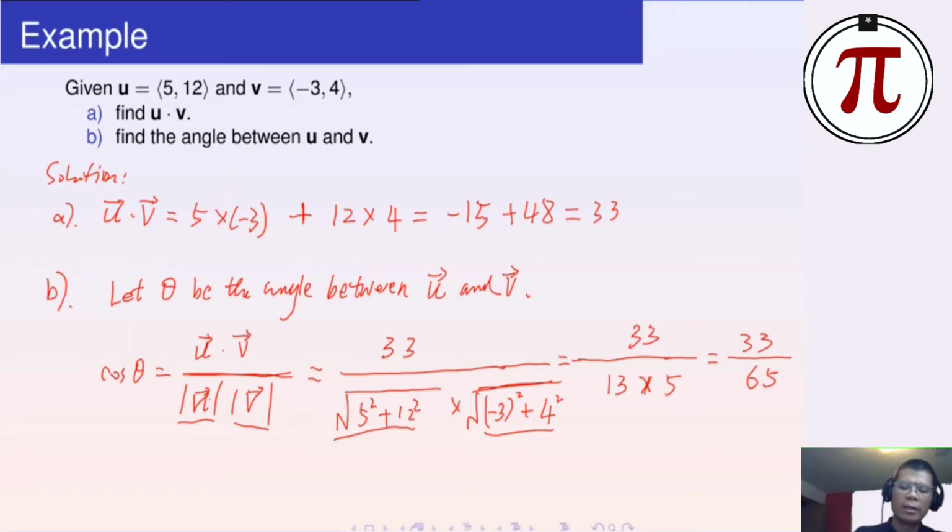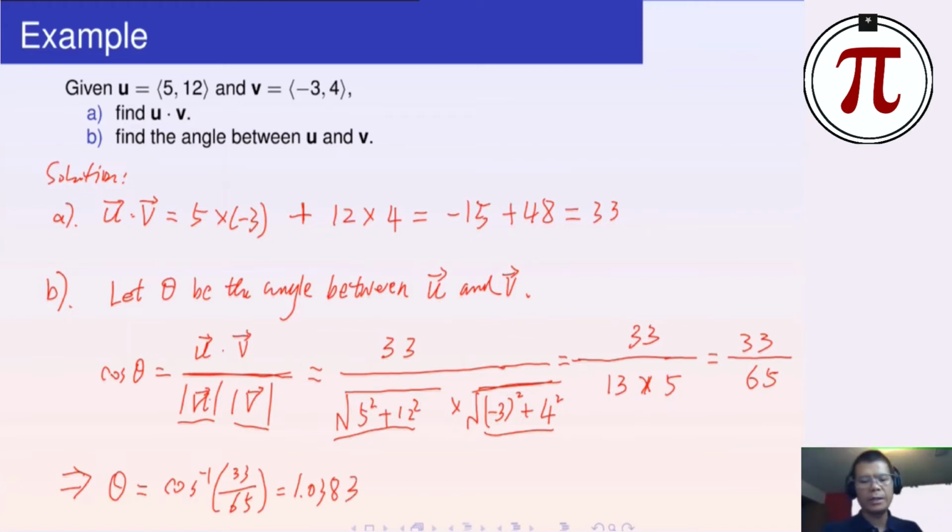Now, then what do we have? Theta is the inverse cosine of 33 over 65, and you can use a calculator to find this value. It is 1.0383.